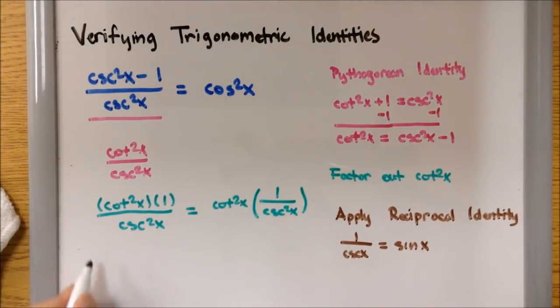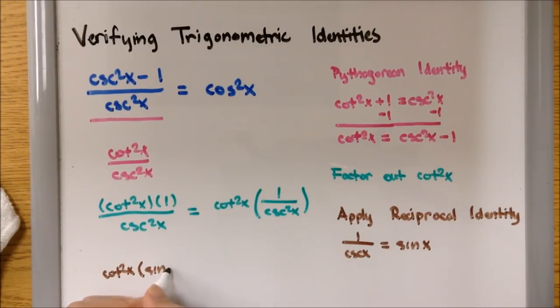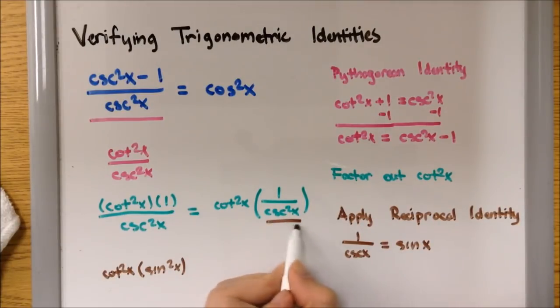So cotangent squared x will stay the same, but now it's going to be multiplying sine squared x. So all I did was rewrite this one into this.